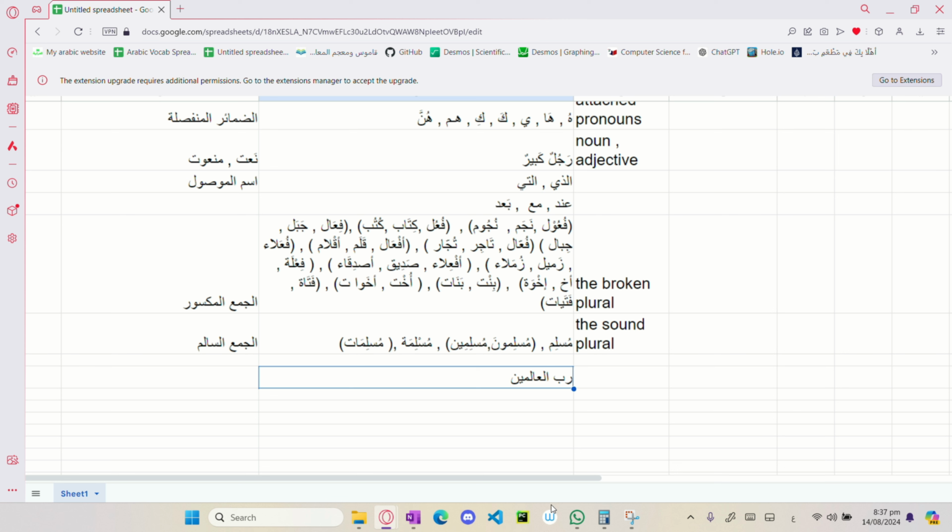So alim would be alimuna if it was marfu. But since this is a mudaf and mudaf ilay, and the mudaf ilay, the word alimina, is always majroor, and since it is majroor, it will have the ina end. So it's either the una end or ina end. Una end is for marfu and ina end is for majroor or mansoob.